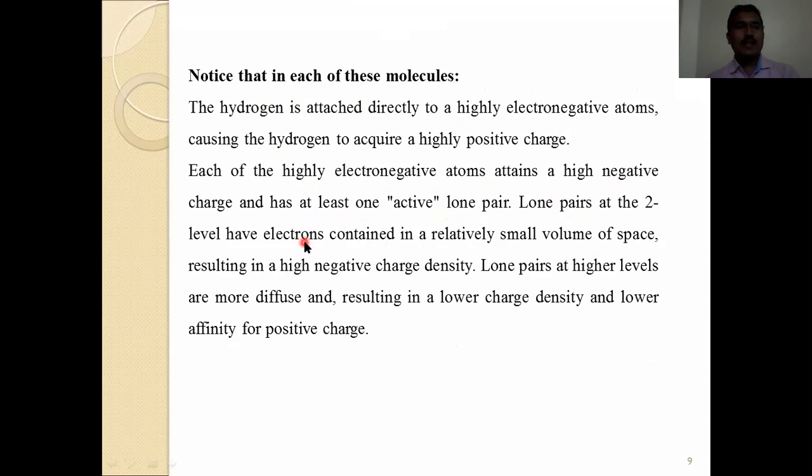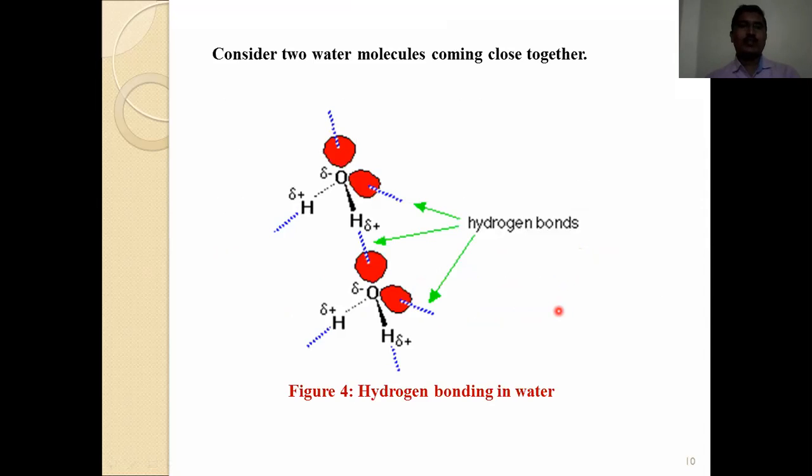At the second level, the electrons are contained in a relatively small volume of space, resulting in high negative charge density. Lone pairs at higher levels are more diffuse and result in lower charge density and lower affinity to positive charge.